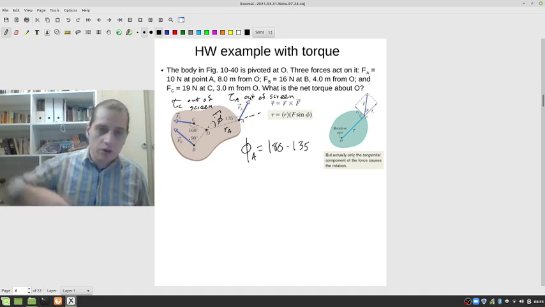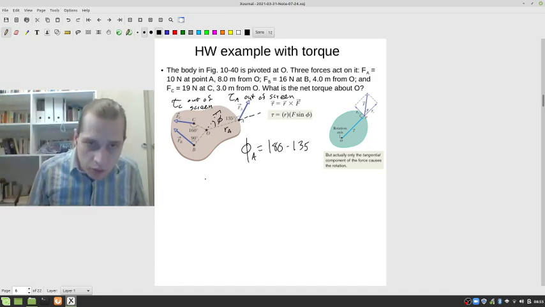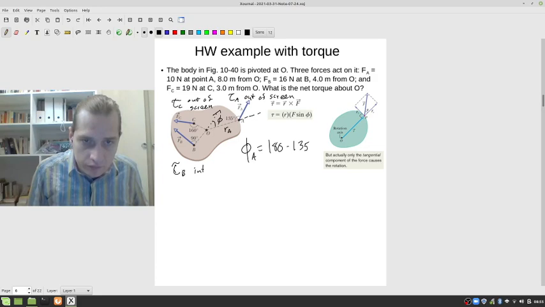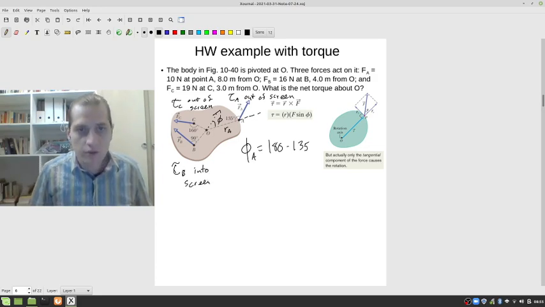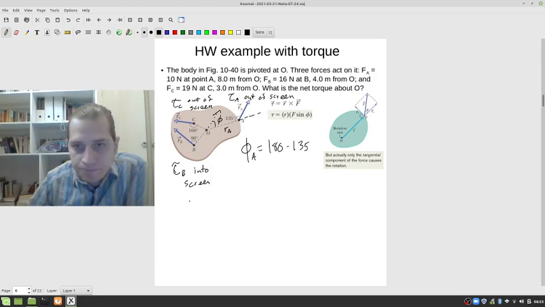And then if you go R cross F for B, this one would be into your screen. Okay, so to find your net torque, you're going to add up all of the ones coming out of your screen minus all the ones going into your screen, and there you go.